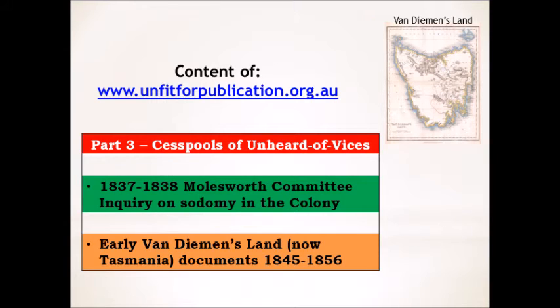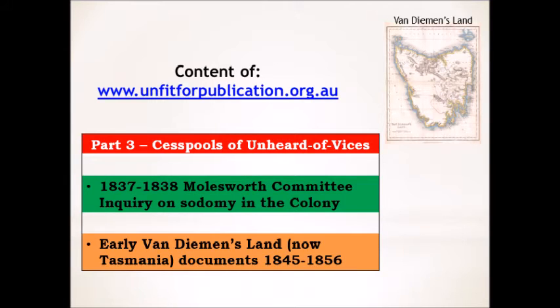The delightful title for this part is drawn from the Reverend Thomas Beagley Naylor, his 1846 report on Norfolk Island's convict population. And he did this report and went there, and he discovered that at night indeed there was a cesspool of unheard of vices.